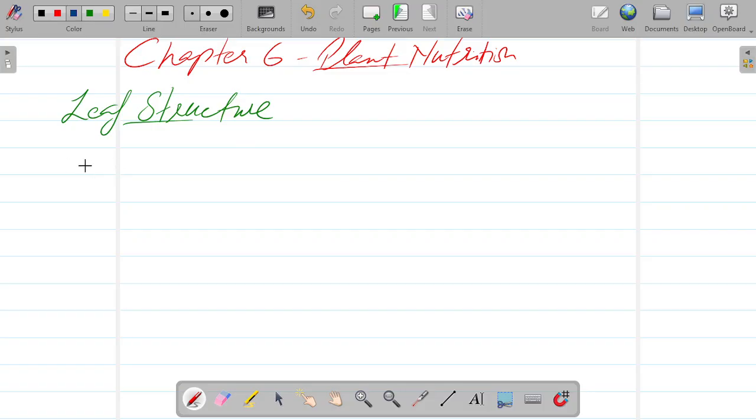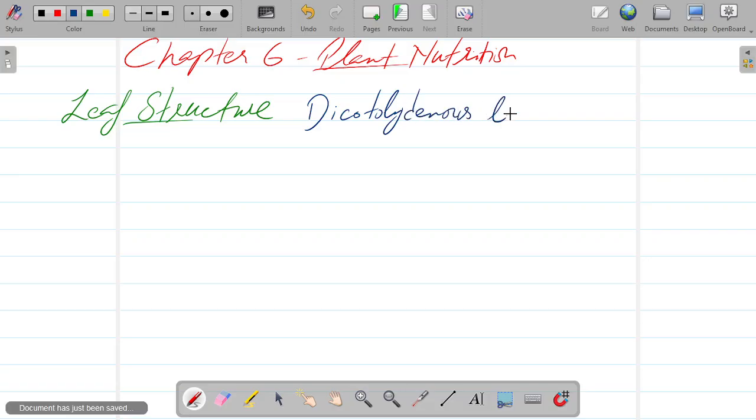So what we'll be talking about mostly is a dicotyledonous leaf. Right, which basically means broadleaves.